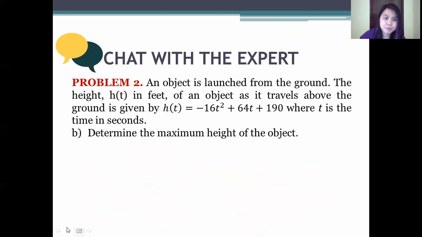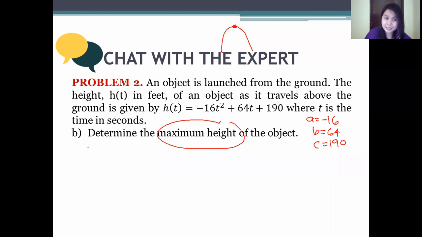Let's go to the next part of the problem. We are asked to determine the maximum height. Remember, the maximum height of the object is called our vertex. So let's start again. Our A is -16, our B is 64, our C is 190. We need to solve for our vertex.